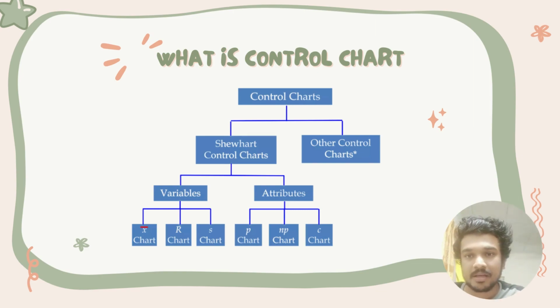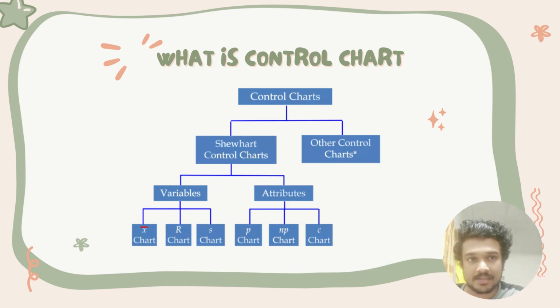The Shewhart control charts in particular can then be further segregated into variables and attributes. One might wonder what a variable and an attribute are. A variable control chart is used for measuring data, most often in decimal places, and attribute control charts are for counted data, which includes integers.